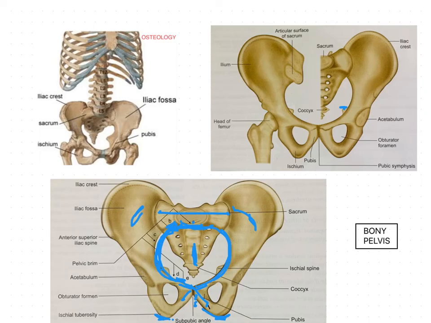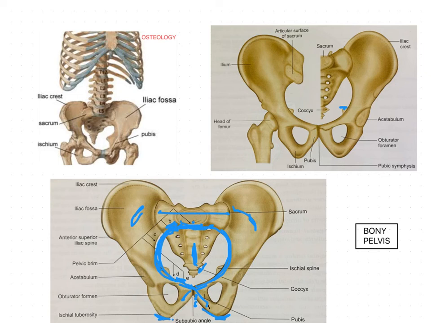and also the greater sciatic notch, and posteriorly by the lateral margin of the sacrum and the coccyx. So these are the structures which form the outlet of the pelvis, and it is also intact with some of the ligaments, that is, the lateral margins are formed by the sacrotuberous ligaments.